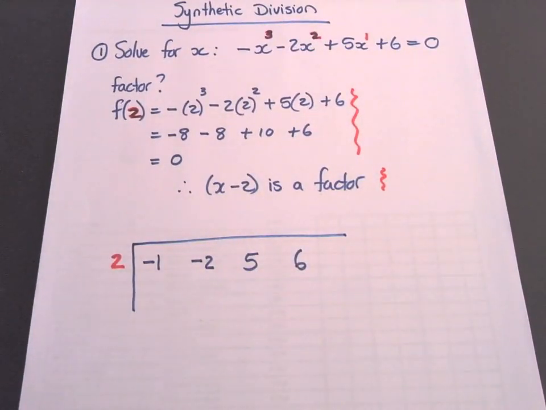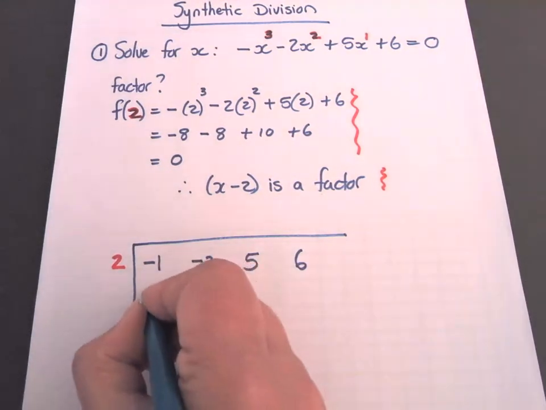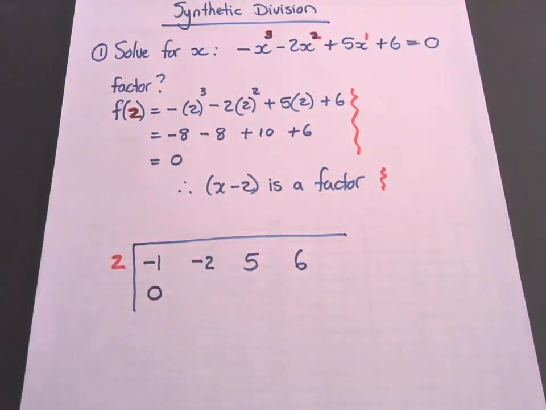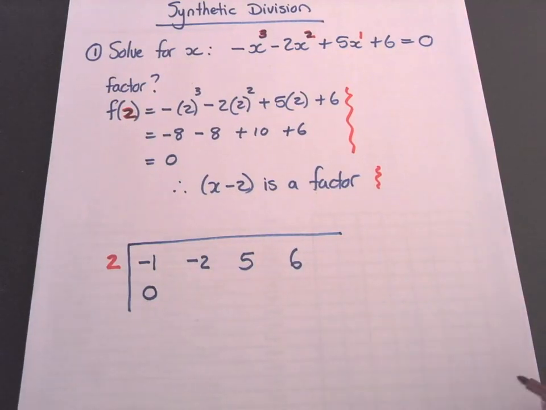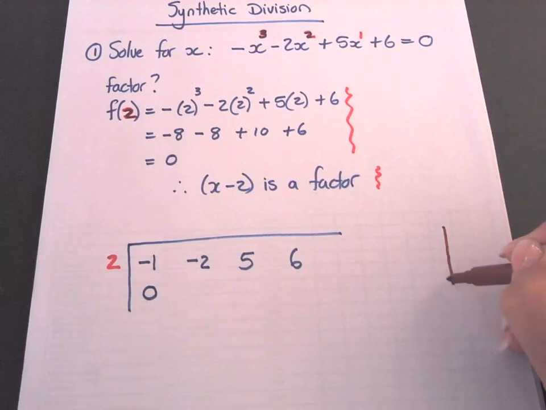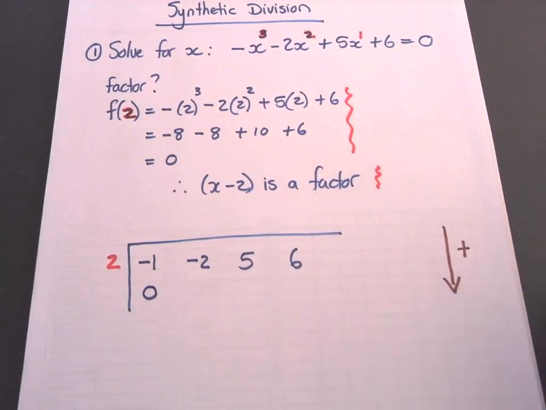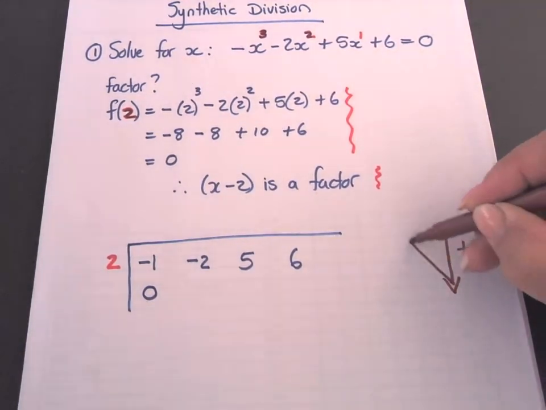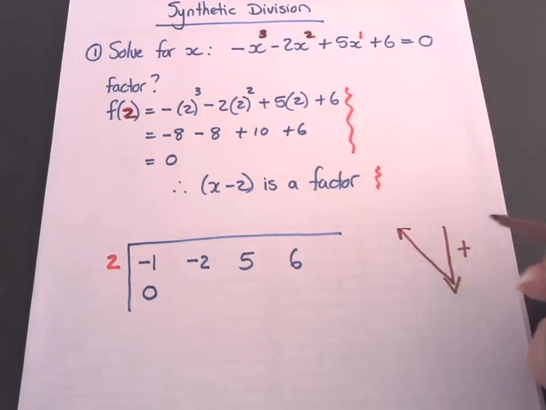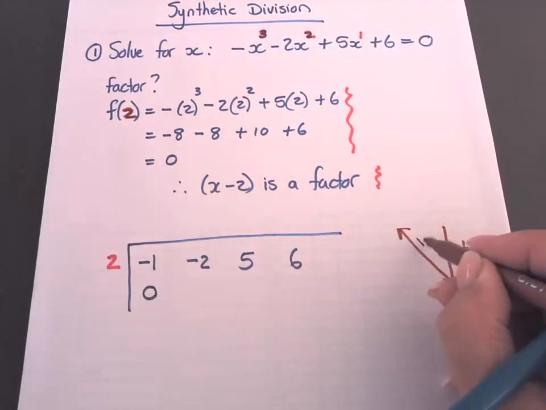The next step is to write a 0 below your first coefficient. And how synthetic division works is you first go down by adding, and then you go sideways by multiplying.